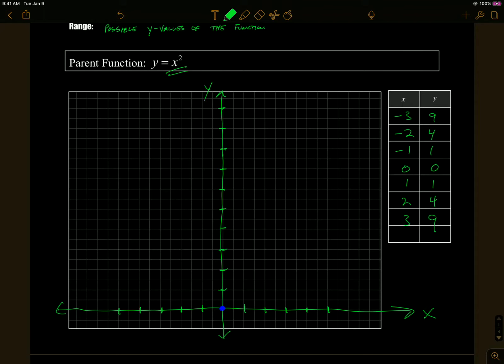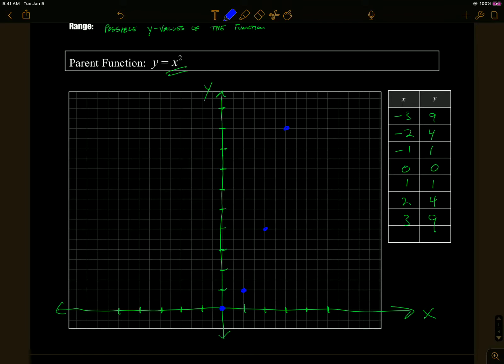Okay, so 1, 1 is there. 2, 4. 1, 2, 3, 4. 3, 9. 5, 6, 7, 8, 9.